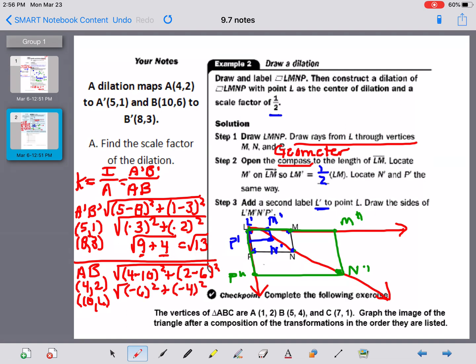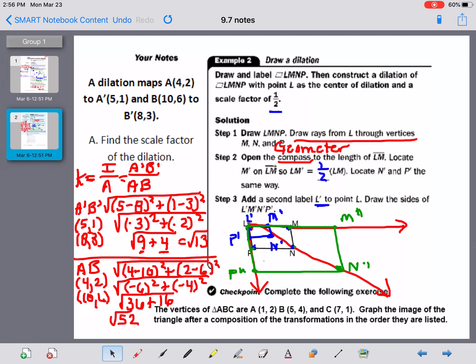And I'm going to square: negative 6 squared is positive 36. Negative 4 squared is positive 16. And I add those together to get the square root of 52. So now I have my distance formulas done.